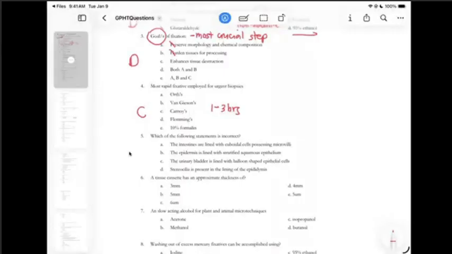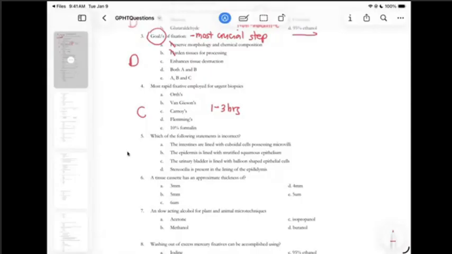So for urgent biopsies, we use this fixative. Carnoy's would also be very useful for preserving chromosomes, mga Nissl granules, and since it also contains alcohol, nakaka-dehydrate din yung carnoy's. So number 4, this is letter C.